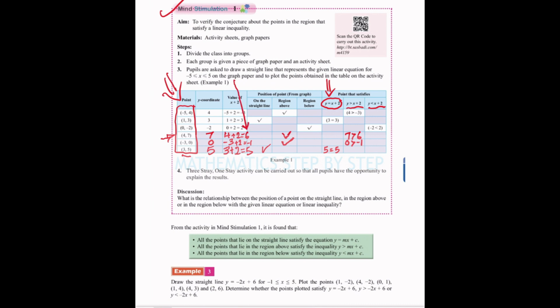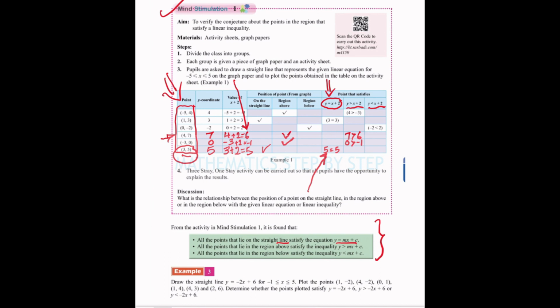So what are the conclusions that we can make? All the points that lie on the straight line satisfy the equation y equals to mx plus c, okay? Y equals to mx plus c is the general form of a straight line, okay? For example, this 3, 5, this coordinate, it satisfies the equation y equals to x plus 2, right?